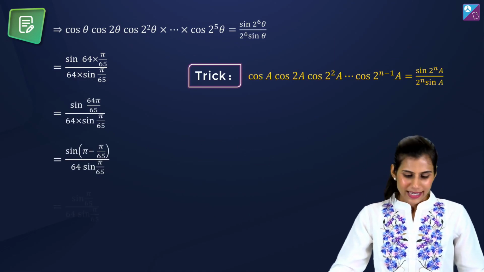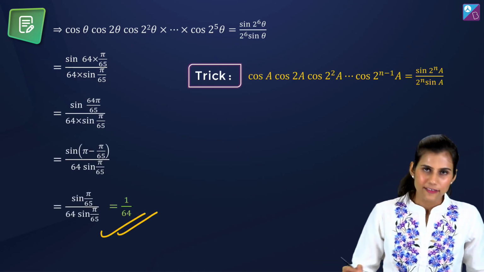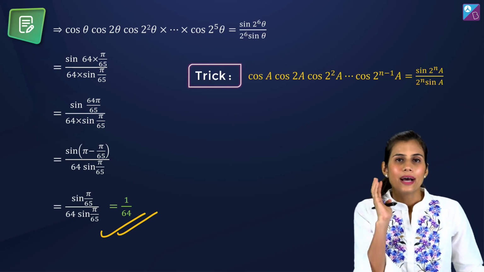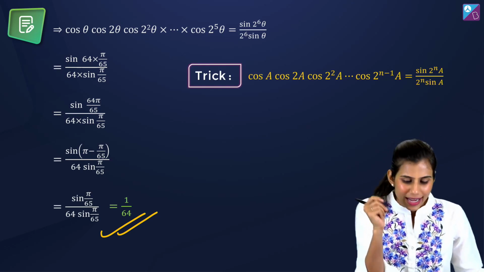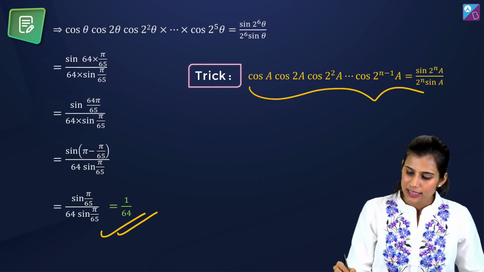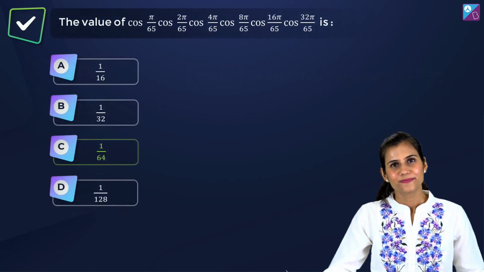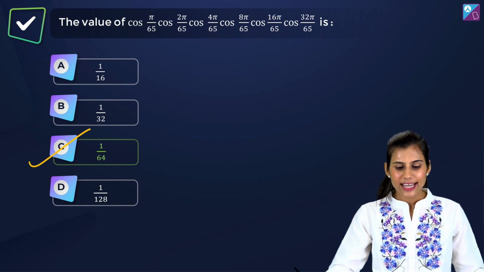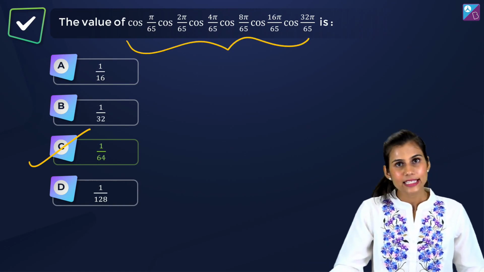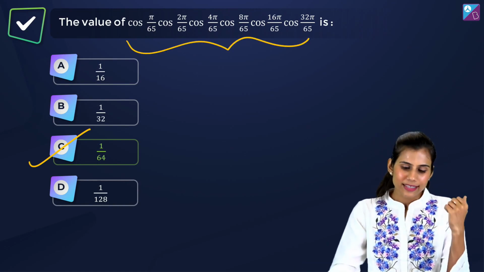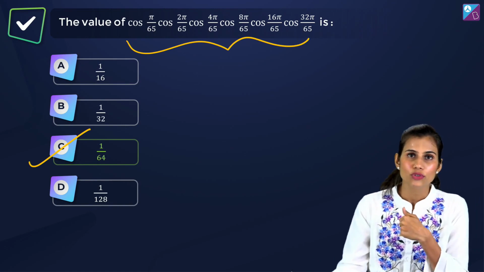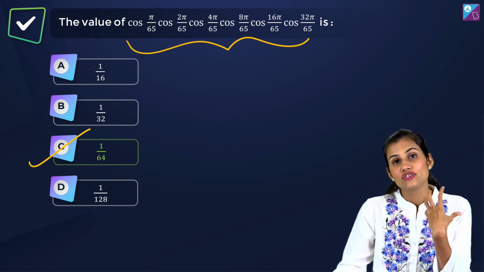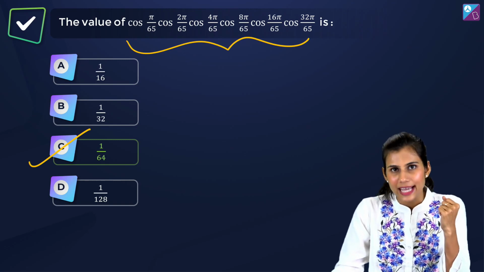Okay? 1 by 64 is the final value, and the trick or the hack that we have used to crack this question is this very result. Okay? Keep this in mind, store it in your head, and understand whenever you have questions like these, in the beginning we definitely think that okay, cosine ratio is throughout common, so I need to work upon generating some kind of a relationship between the angles.